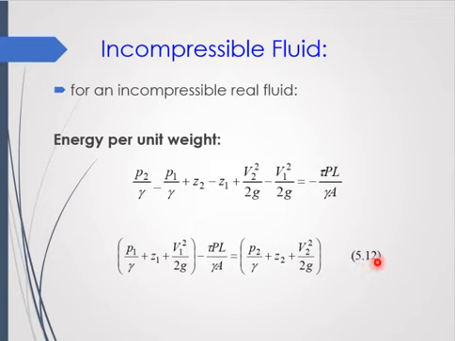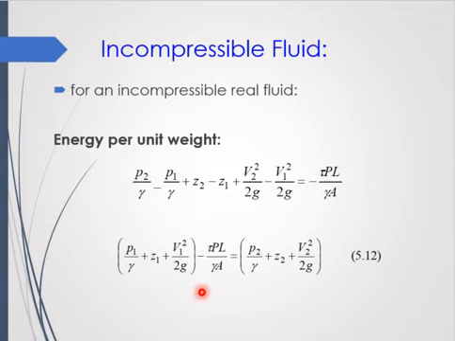If we compare this equation with the Bernoulli equation for ideal fluid, we can see that the only difference is this additional term, minus tau PL over gamma A, which represents the loss of energy per unit weight due to fluid friction between points 1 and 2.